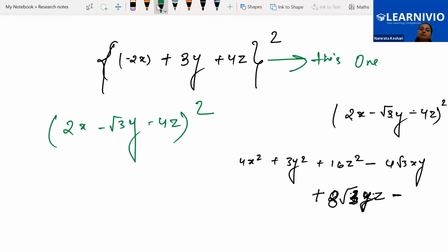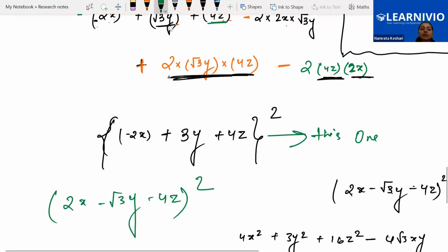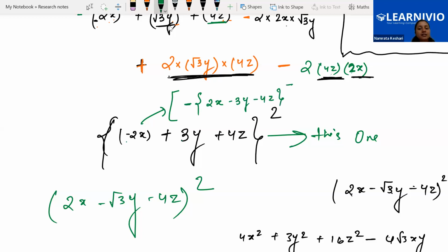Whatever I have written from here, if you take negative common, the negative will also take the power 2. Write it by taking one more bracket. Then this minus 2x will be just 2x, plus root 3y will be minus root 3y, plus 4z will be minus 4z, and that's having the square.